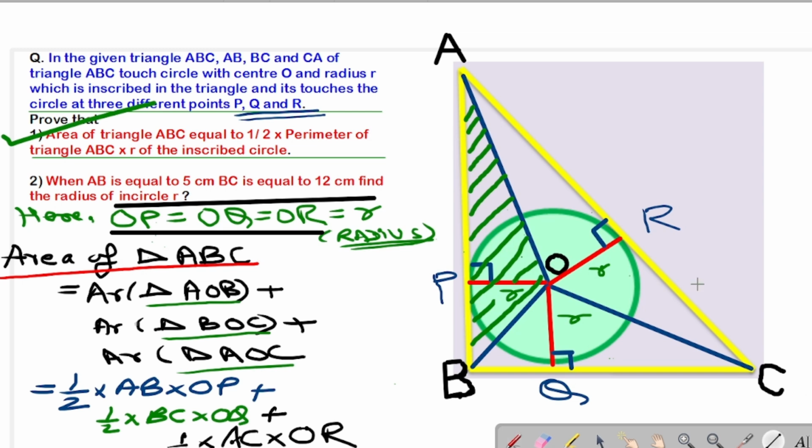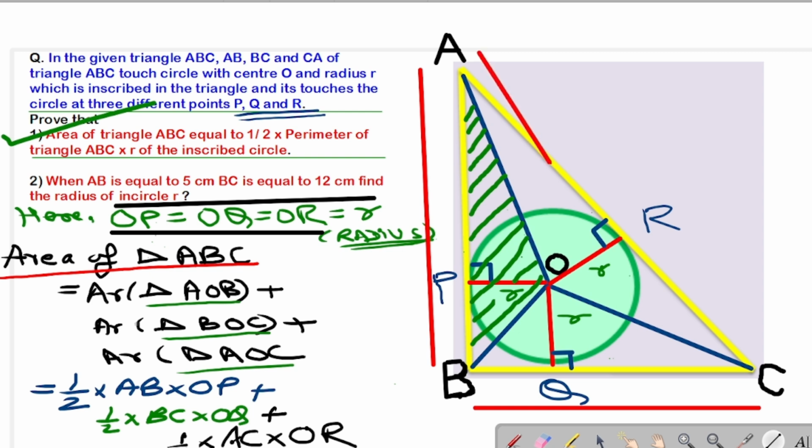Coming to the second part, when the lengths of AB and BC are given as 5 and 12 respectively, find the radius of the circle, which is small r. Here I am marking AB, BC and CA with red lines.